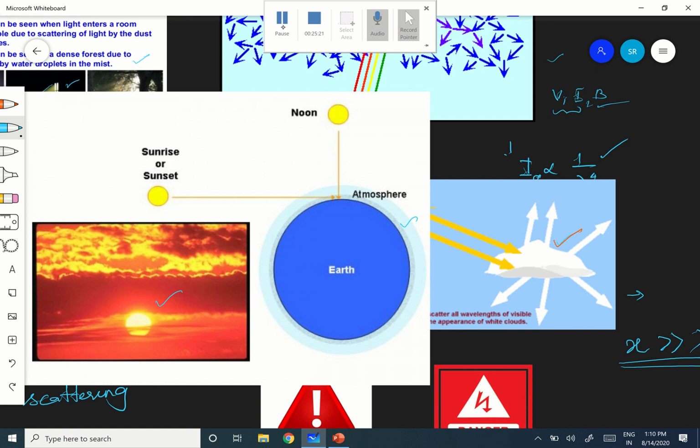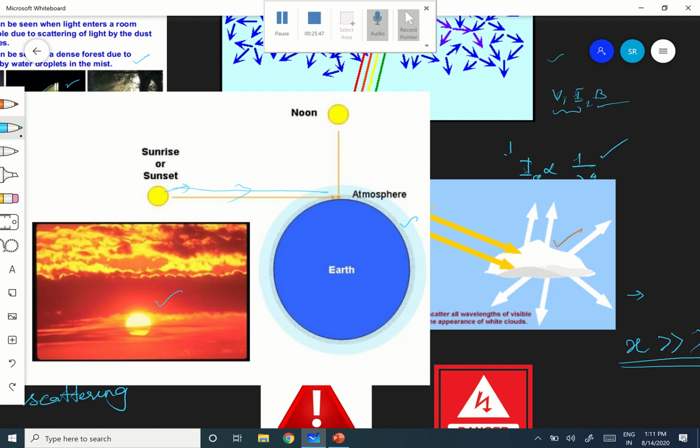Therefore, when it is near the horizon, the rays from the sun have to travel a long distance, a larger part of the atmosphere. After that only does it reach our eye.